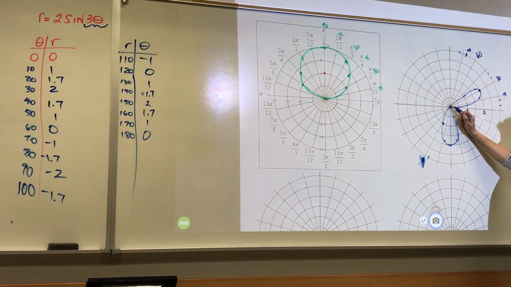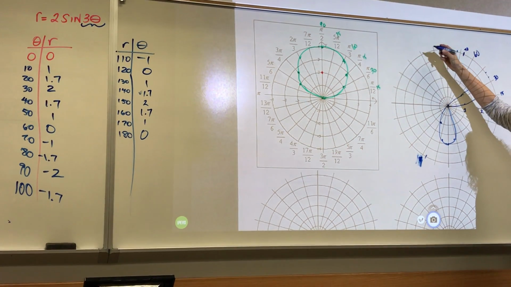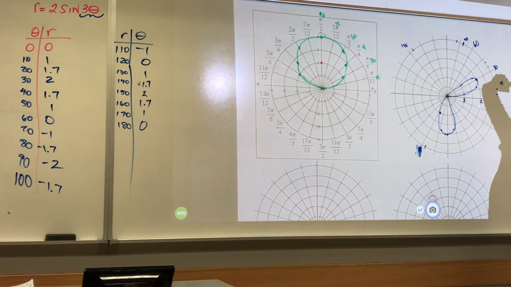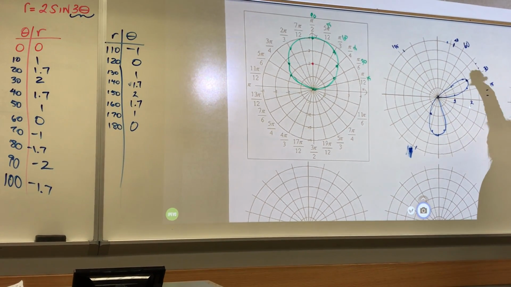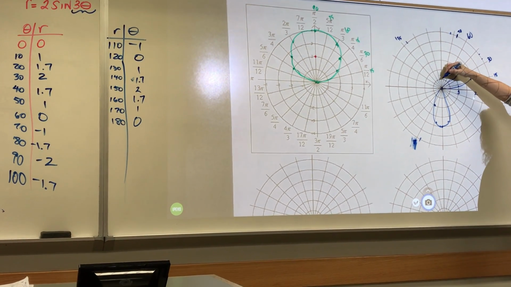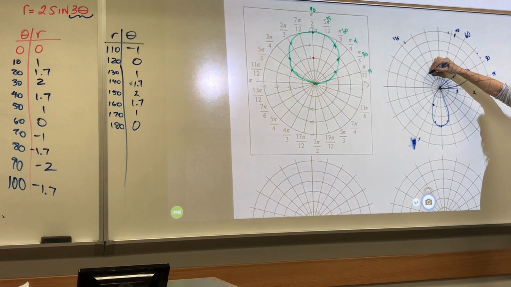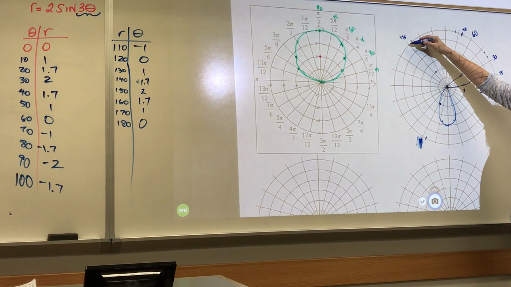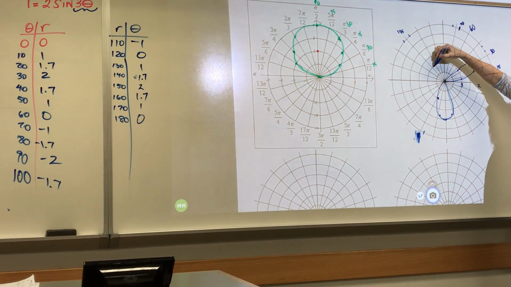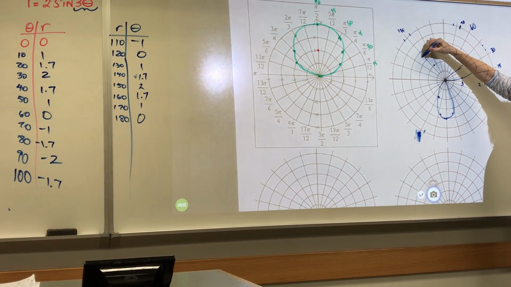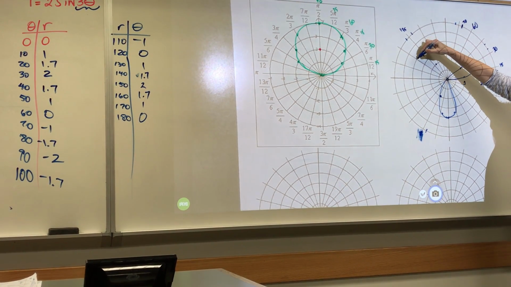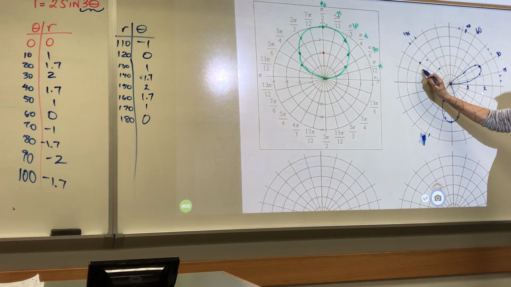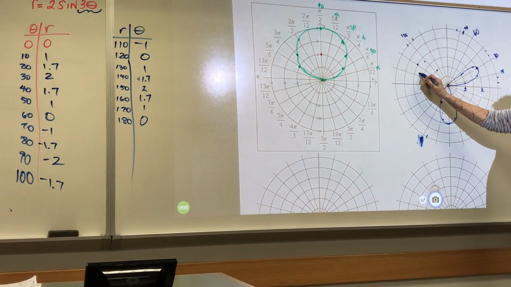Where are we? Oh, we're at 0. So 130, and we are at 1.7, no, we're at 1, right here. At 140, we're at 1.7. 150, we're at 2. 160, we're at 1.7.